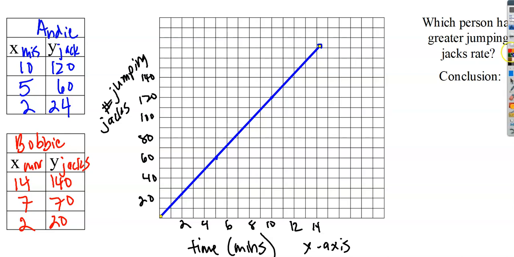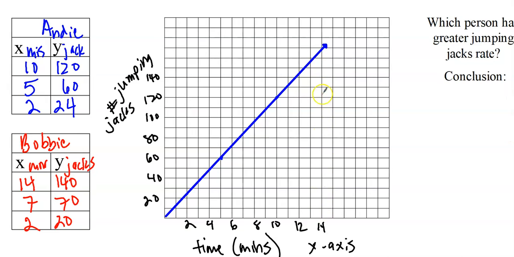And now I'm going to graph Bobby's. The first one is 14 all the way up to 140, which is right there. So 14, oops, 14, 140. That needs to be a point and not a line yet. There's my first point, but I'm having problems with my color. 14 and 140.